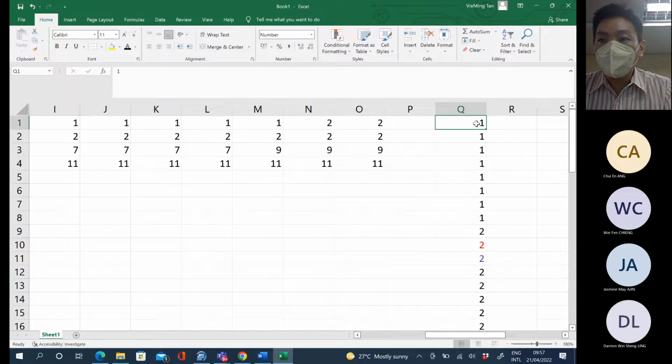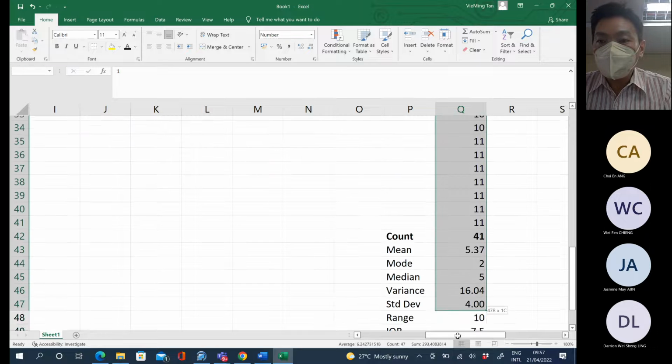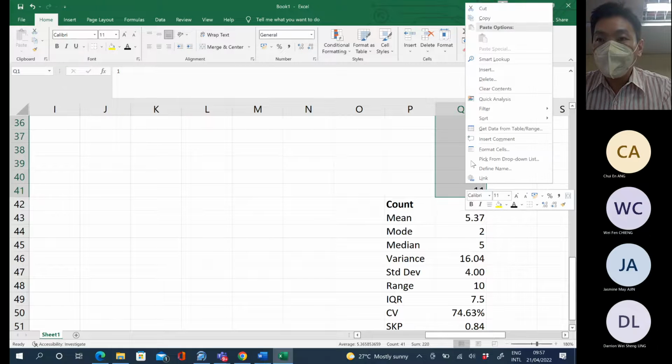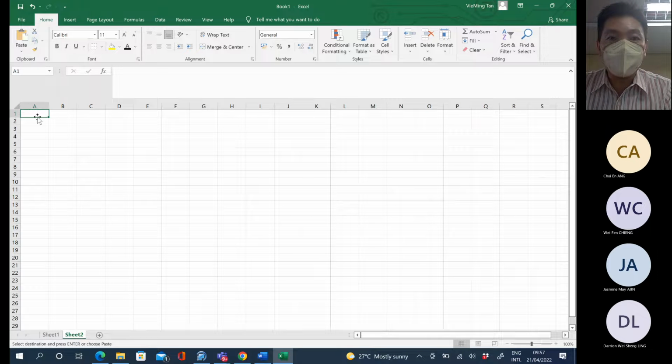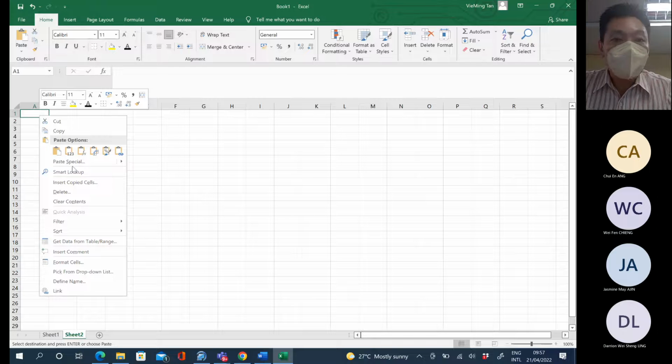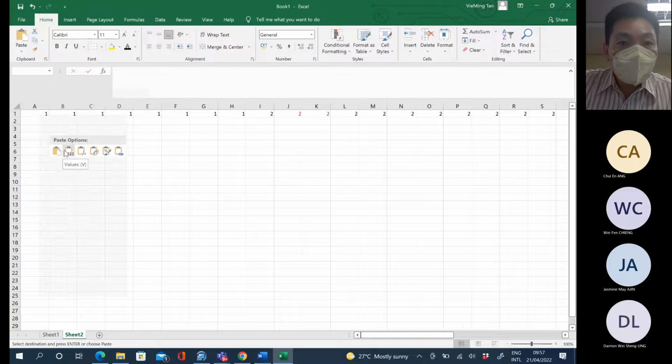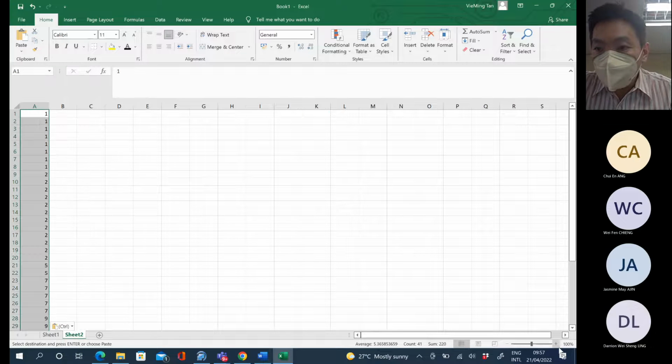Okay, we know that these are the 41 data. I use another sheet so that you are not confused. Let's say we already have the 41 data. I try to increase the size.